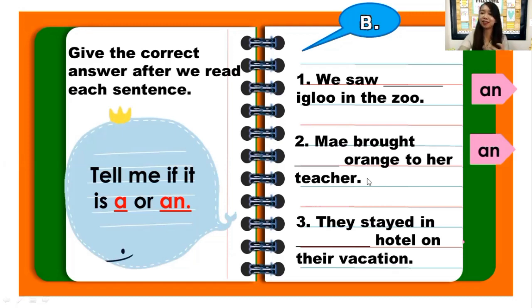Is it a or an? The correct answer is a, because the word hotel begins with a consonant letter.